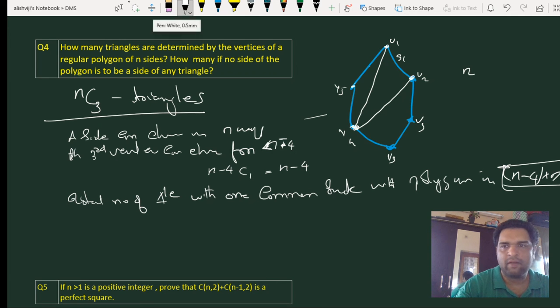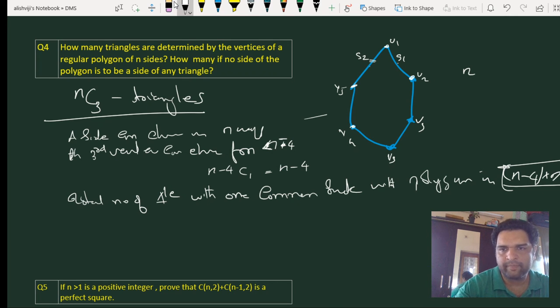And if you are looking for the number of triangles with two sides common to the given polygon, say if you choose two sides, S1 and S2, then there is no choice to be made.